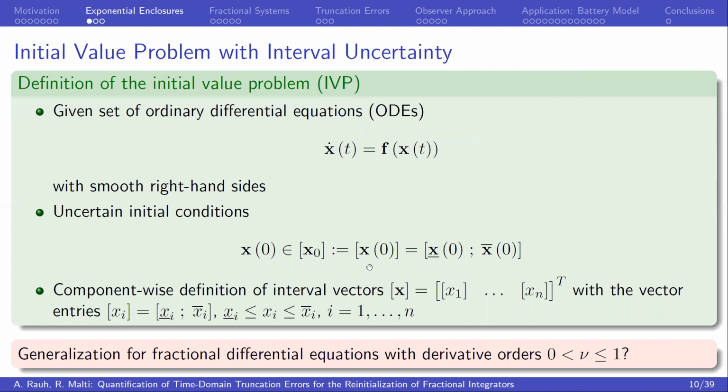The corresponding solution to such initial value problems can be performed with multiple integration techniques, for example, VNODE-LP, or one could also use the corresponding exponential enclosure technique, which I developed together with my colleague Katja Auer a few years ago. Now, is it possible to generalize such simulation techniques also to the fractional case?